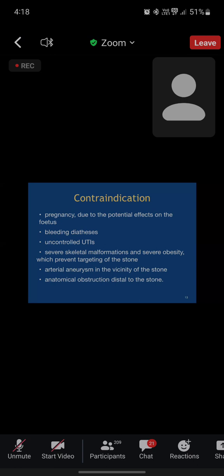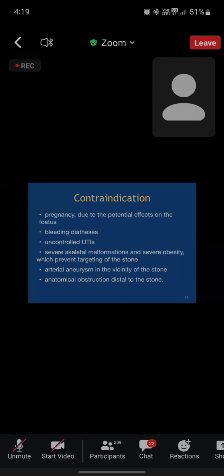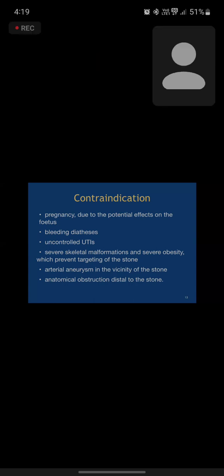Contraindications of ESWL: pregnancy, due to potential effect on the fetus; if the patient has a bleeding diathesis, because ESWL causes significant renal and perirenal hematoma and hemorrhage; uncontrolled urinary tract infection; severe skeletal malformation or obesity which does not allow the shockwave to reach the stone, like spine deformities or very obese BMI more than 35, 36, where the skin to stone distance is so much that the point of the wave where it has to break the stone will not reach the stone.